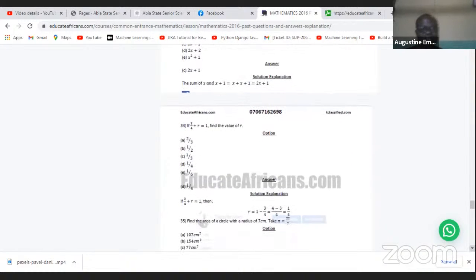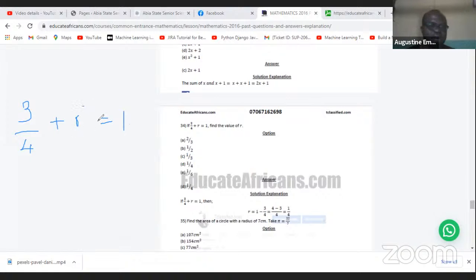Okay, let's continue now. If 3 over 4 plus r is equal to 1, find the value of r. So let's use a notation so that we can understand this better. If 3 all over 4 plus r is equal to 1, what is r?